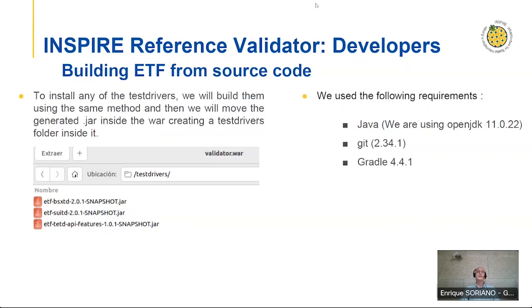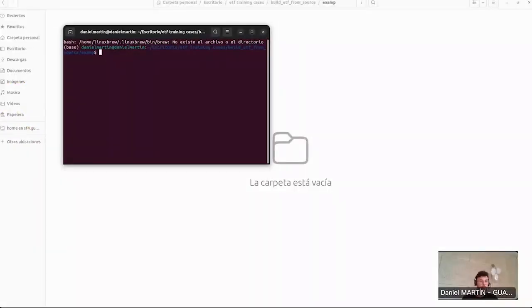So Daniel, please. We will be using the commands we have seen in the presentation to see how we can build the ETF with the source code. So if we want to do any modification or rewrite any code on the ETF, we can download the code, modify it, and then build it in this way.